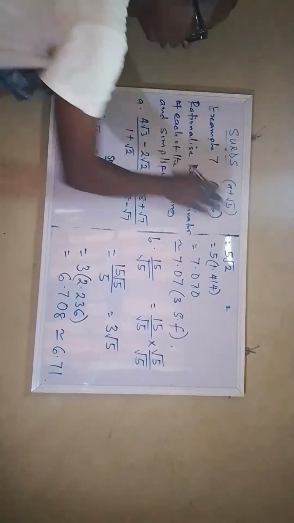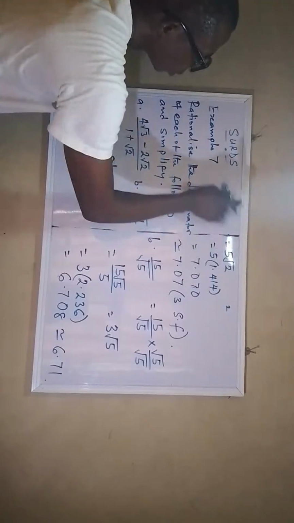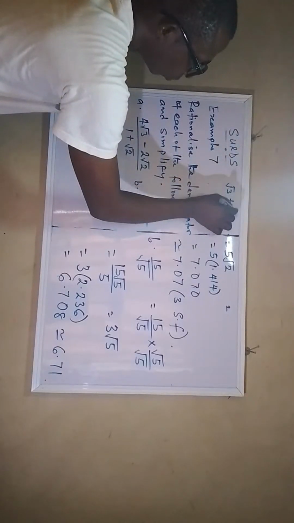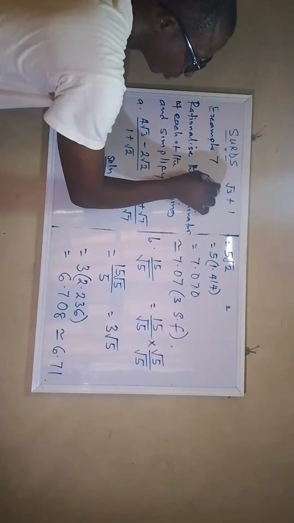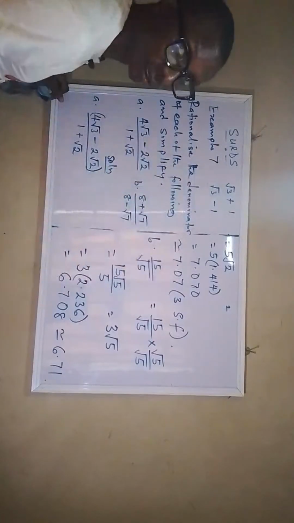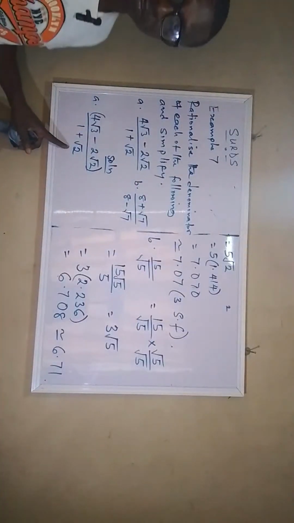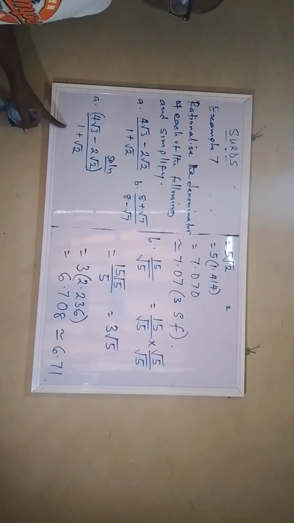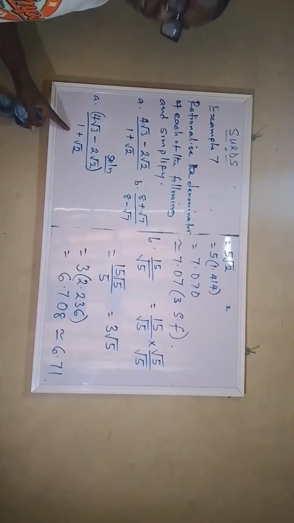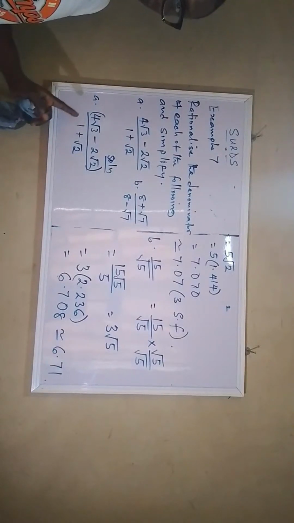All right. So if I have square root of 3 plus 1, the conjugate of this is going to be square root of 3 minus 1. That's all. So now, in this case, what's going to be the conjugate of the denominator here? I know you know it. That's going to be 1 minus square root of 2.